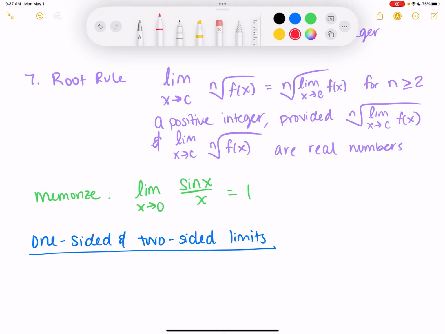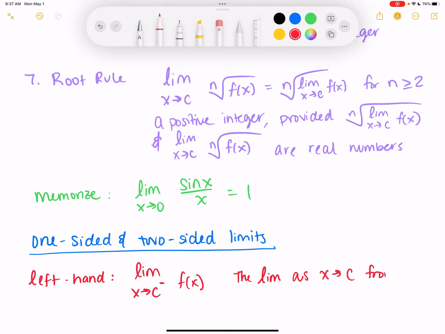So a left-hand limit is the limit as x approaches c, and then it's got a negative sign basically in its exponent. That just means from the left, of f of x. And so we read this as the limit as x approaches c from the left.